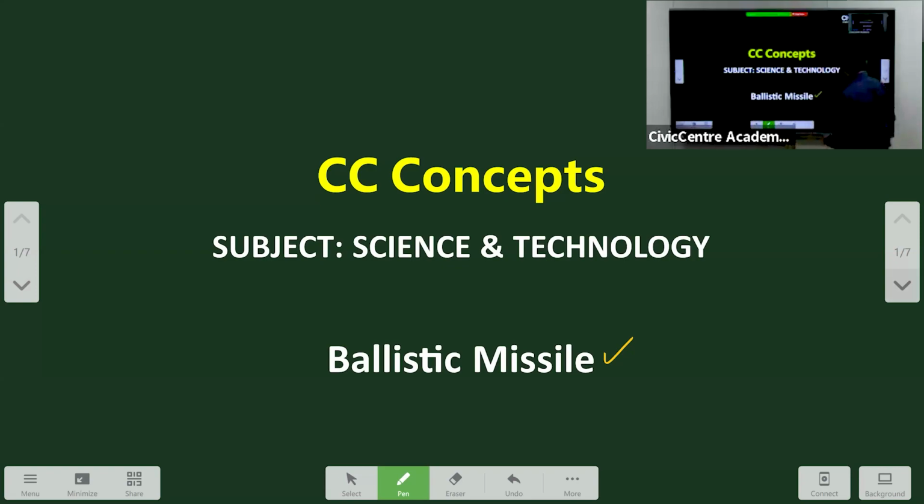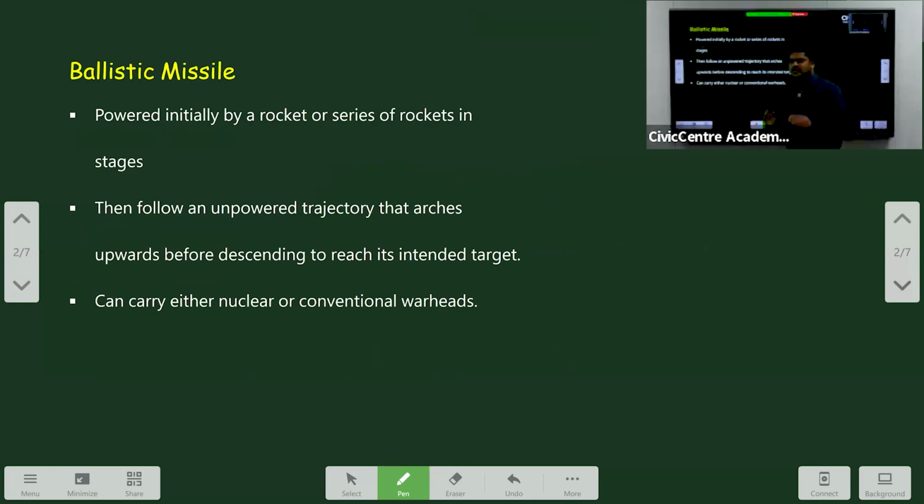Now, what is a ballistic missile? A ballistic missile is basically a missile where, once it is fired, the warhead travels in different stages. The boost or the power is only there up to a certain point of time, but later gravity is going to do the work. Like you can see here, this ballistic missile is powered initially by a rocket or a series of rockets in stages.